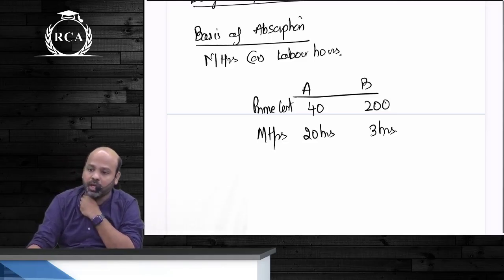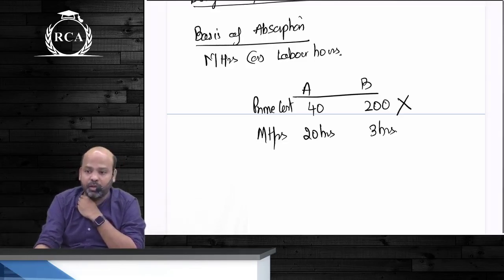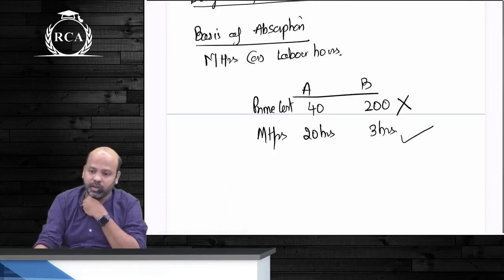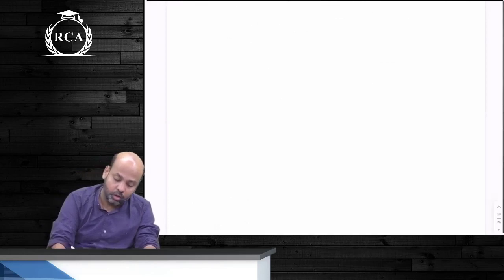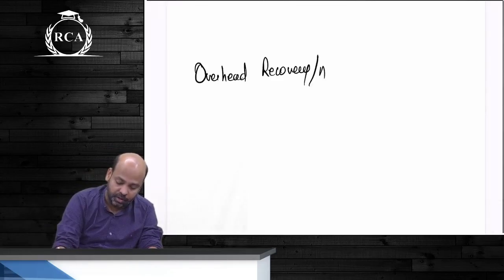Obviously product A. That is why we prefer allocating overheads on the basis of machine hours or labor hours. Meaning your overhead recovery rate or absorption rate, we prefer using the word absorption rather than recovery.